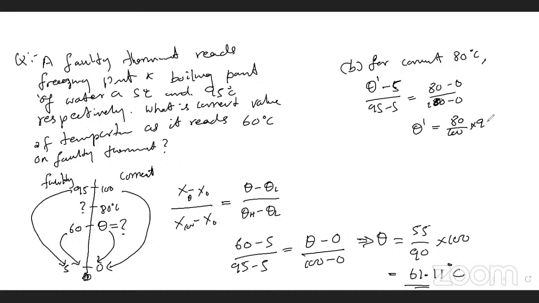You multiply by 90 plus 1, in 72 by 70. So this thermometer reads 77 Celsius, which corresponds to the actual 80 Celsius.